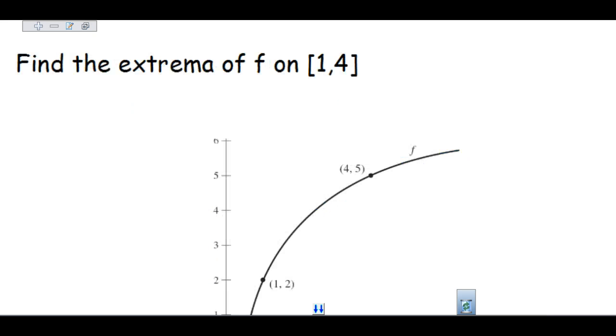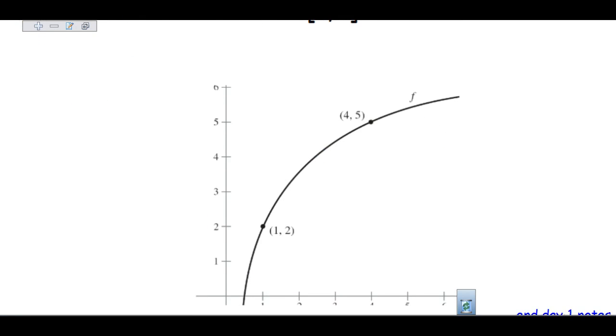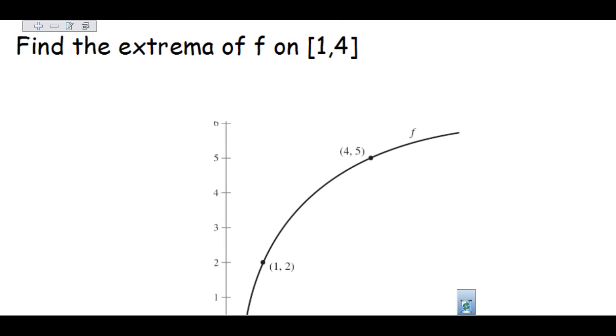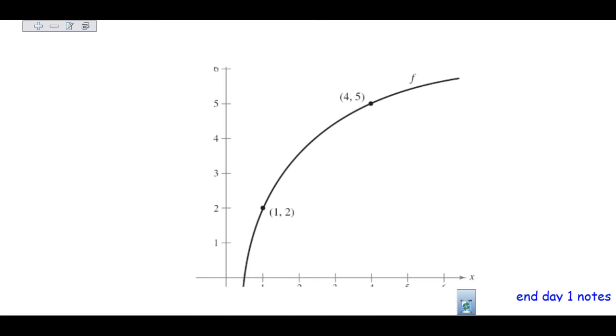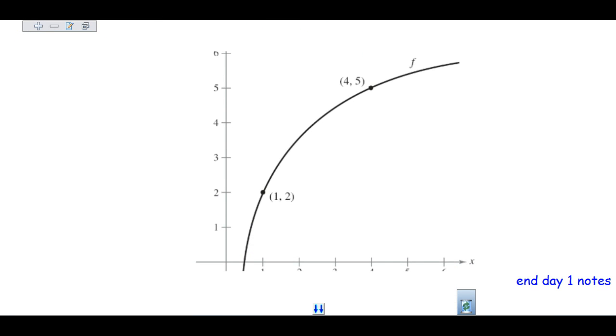All right, so this one, you're not given the equation. They just want you to find the extrema of f on the interval 1 to 4. So if we take a look at this, I see that from 1 to 4 there's no relative mins or maximums. So the lowest point is going to have to be 2, and the highest point is going to have to be 5.